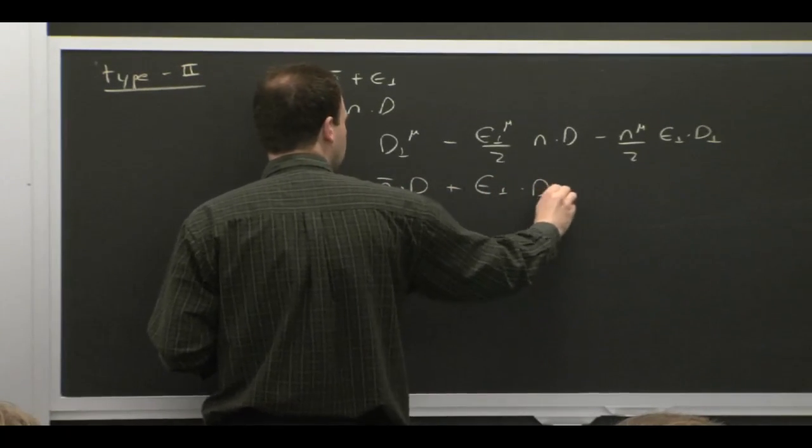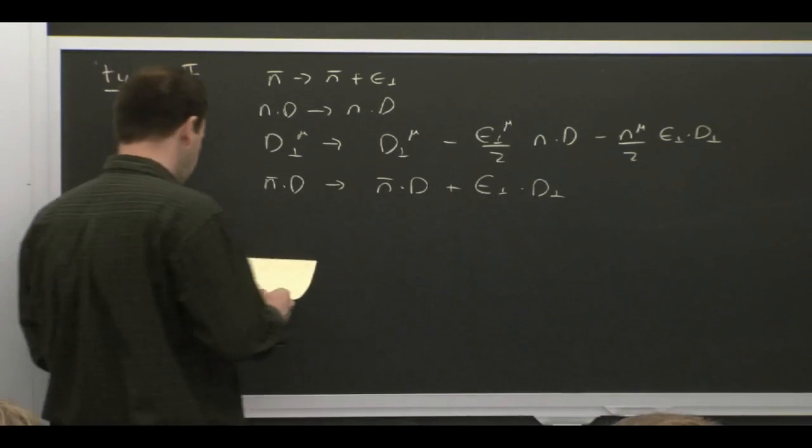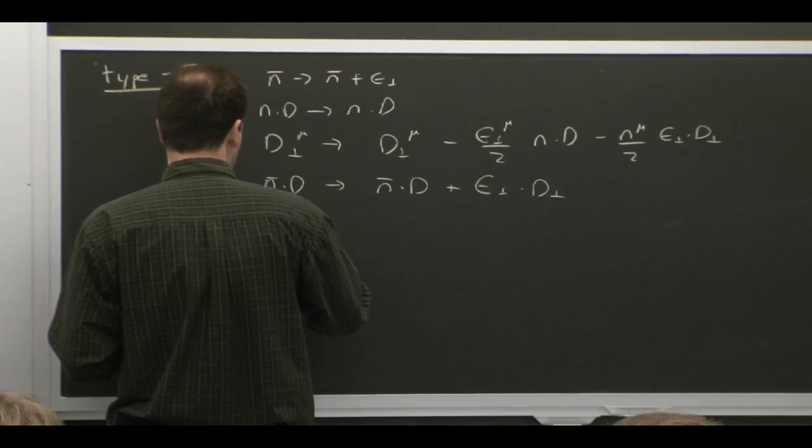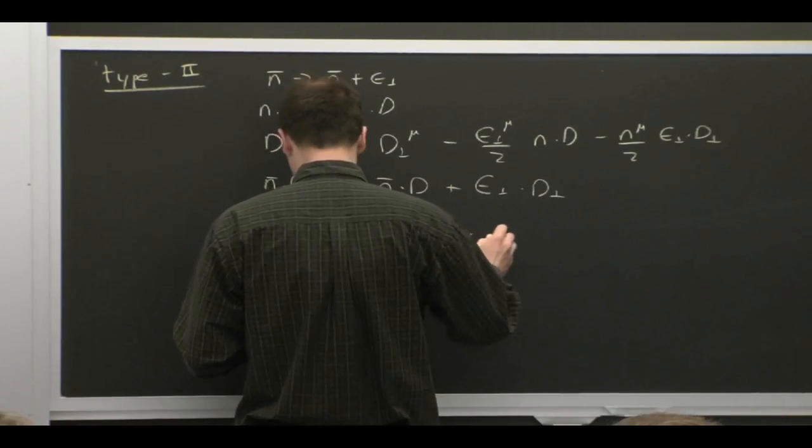So everything so far looks exactly the same as type 1, just with a sort of suitable replacement. But the fermion ends up looking a little more complicated here.